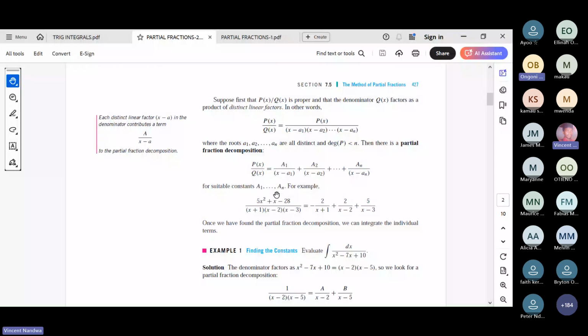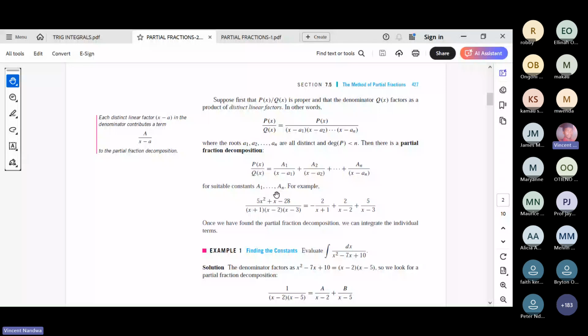Then lastly, how many times does x minus 3 divide the LCM? X plus 1, x minus 2. Correct. So you'll have a3 into x plus 1 into x minus 2.